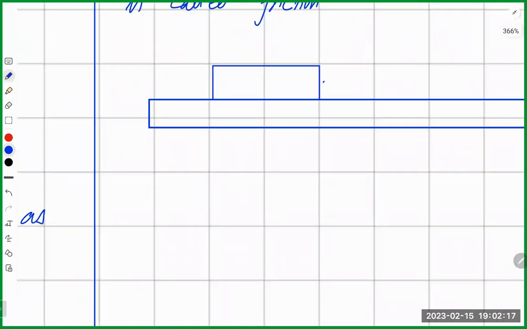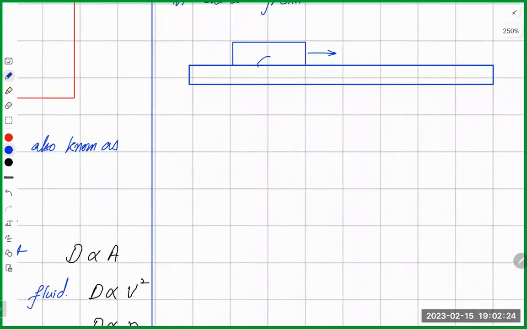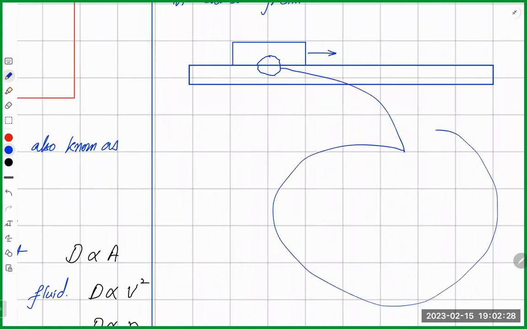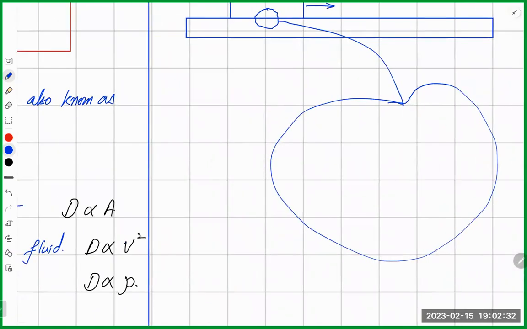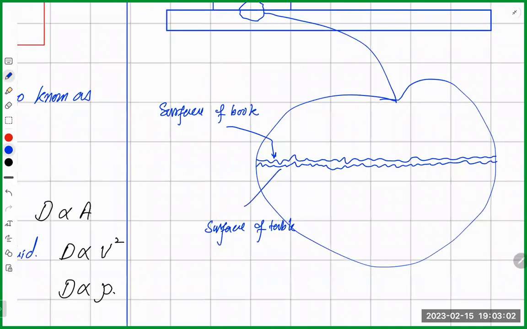Now, if we make the book move this way, we might not be able to see it, but if we magnify this region, we can see that the book surface will not be as smooth as it looks. And the same goes for the surface of the table. So this is the surface of the table, and this is the surface of the book. And these interlockings cause friction. So friction is another kind of force that resists motion.